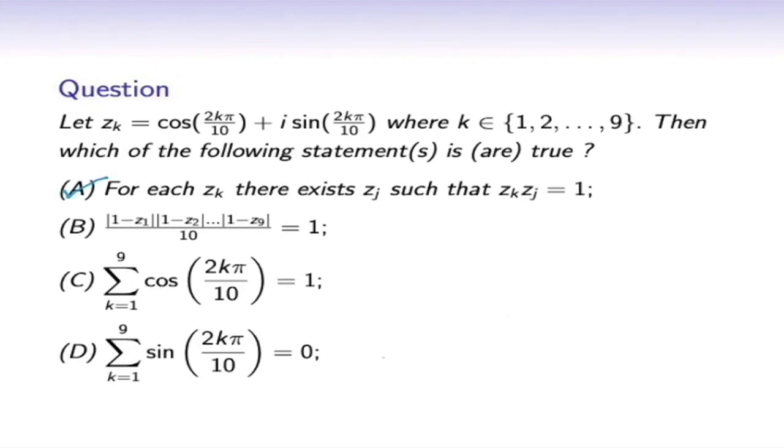Let us consider option B now, which is on the absolute values of the complex numbers 1 minus z1, 1 minus z2 and so on up to 1 minus z9.